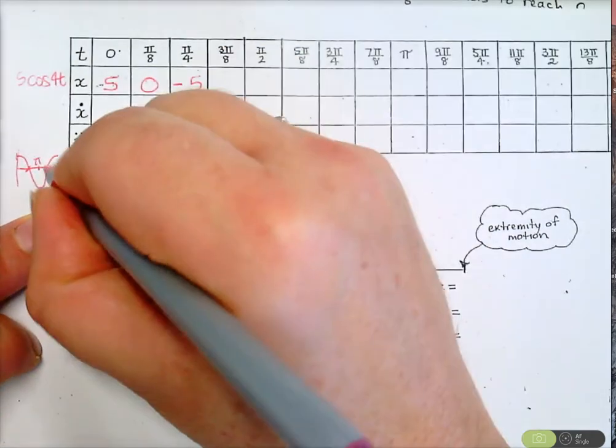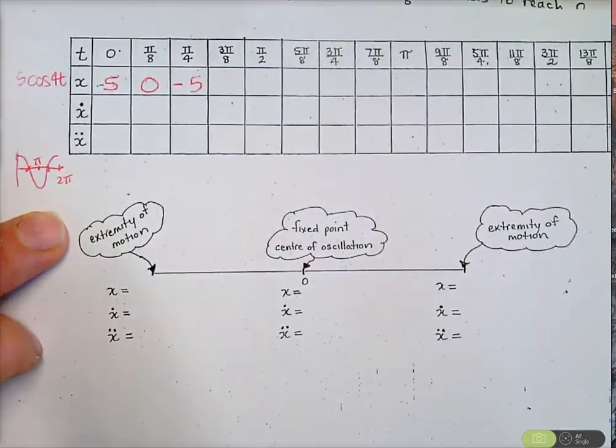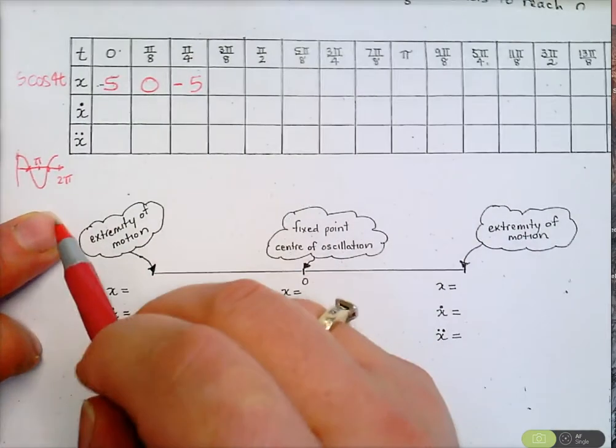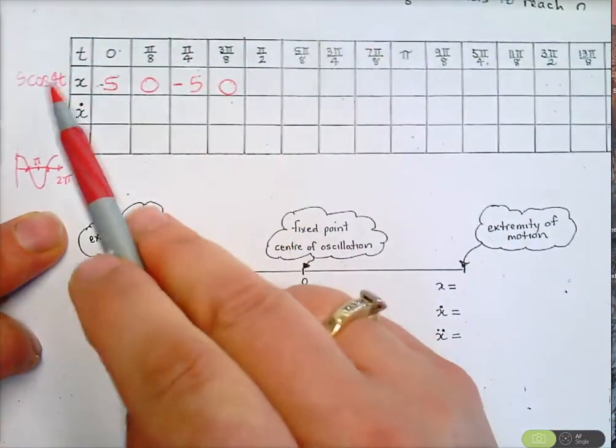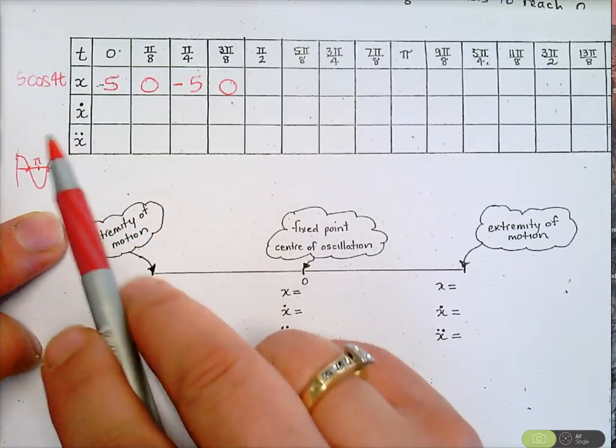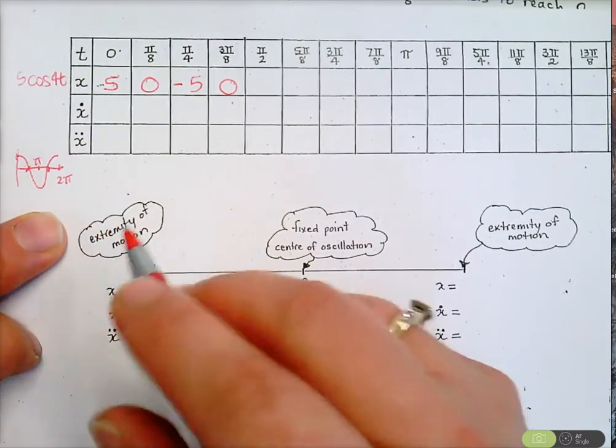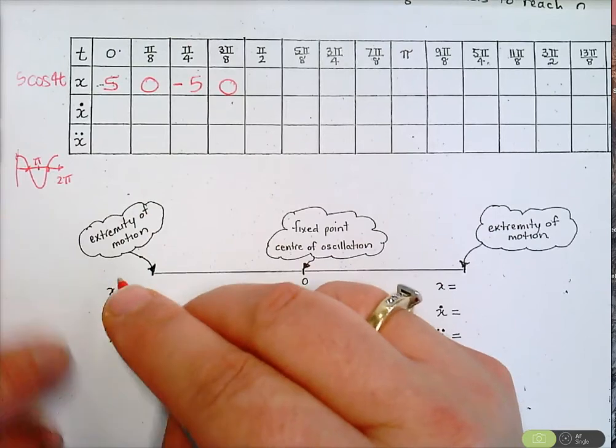What's cos of 3 pi on 2? Can you see from the graph? 0. And when t is pi on 2, 4 pi on 2 is the same as 2 pi. Cos of 2 pi is 1.